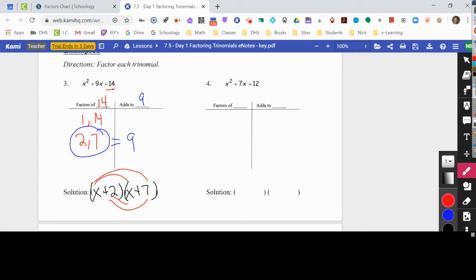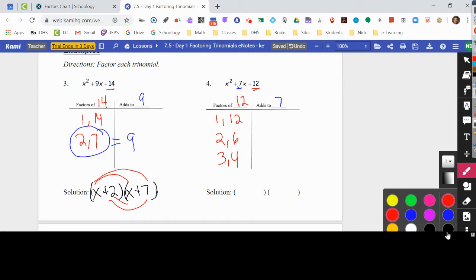Number 4, we're going to factor this trinomial of x squared plus 7x plus 12. Again, we look for factors of 12, factors of that last number, that add to 7, my middle number. So I'm going to list out my factors of 12. We have 1 times 12, 2 times 6, and 3 times 4. Those are all my factors of 12.